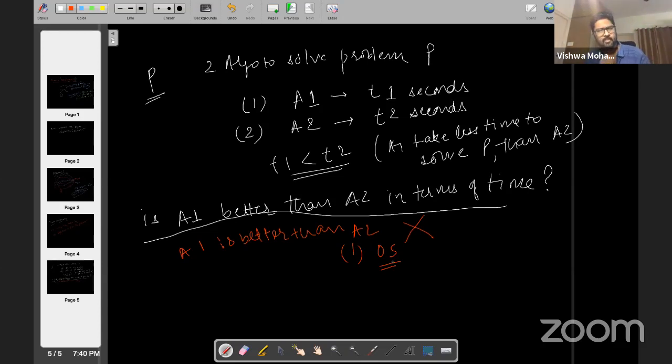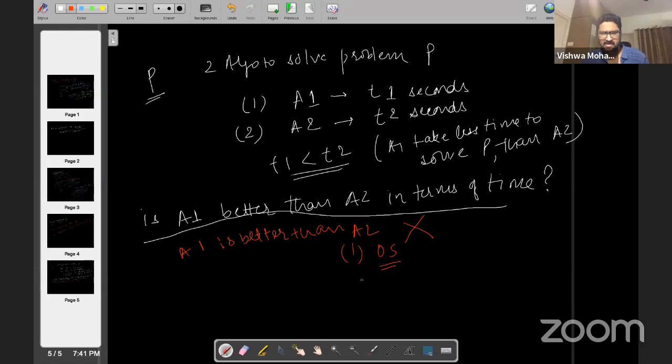Obviously, the algorithm running on the slow, single processor machine will take more time, even though the algorithm is better. So it depends on the operating system and the machine that you are running on.